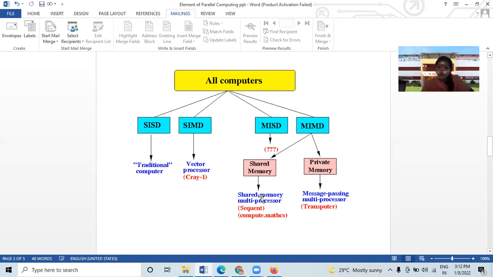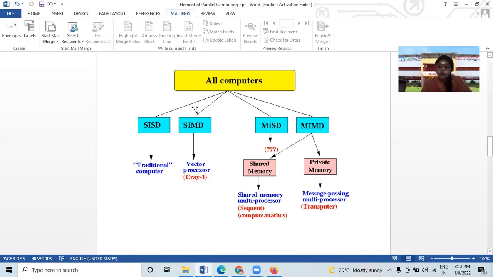So what is the difference between SISD and SIMD? Let's discuss the difference between the two. SISD, or single instruction single data processors, are basically equivalent to two people given the same job with the exact same specification.